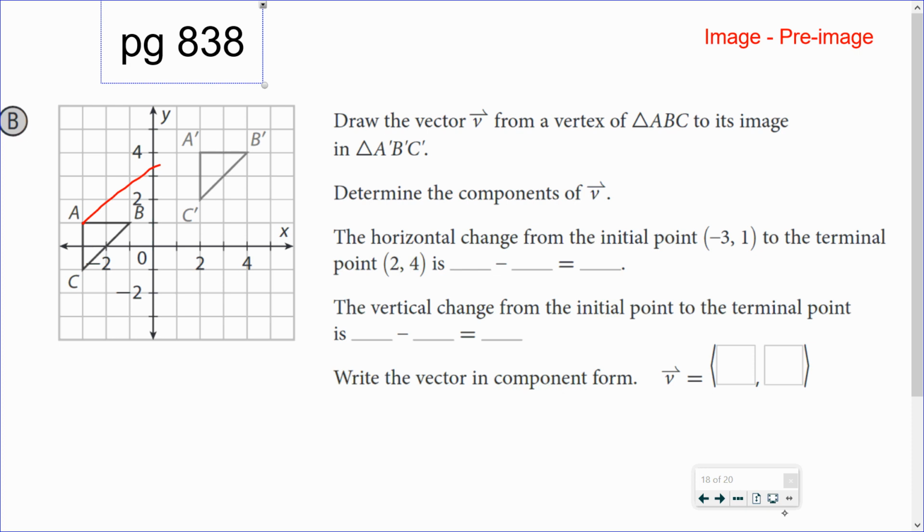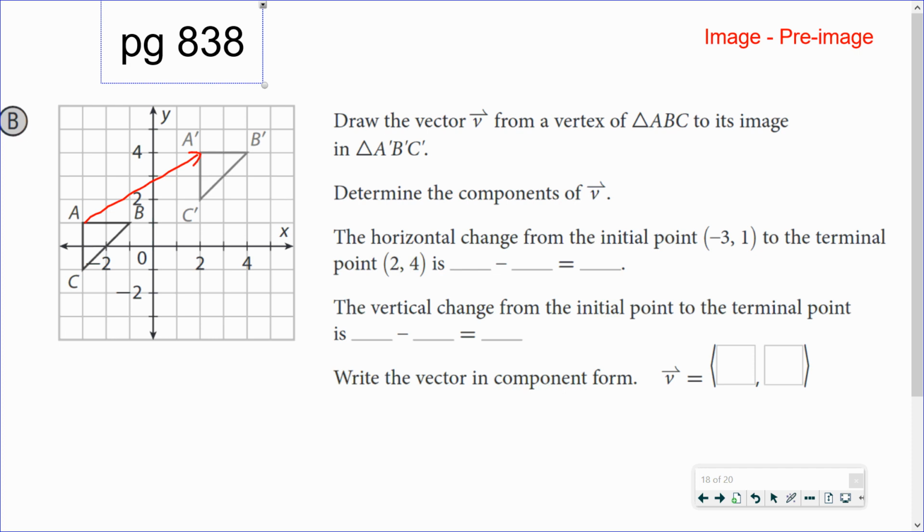Let's see if we can draw that a little bit better. Here. That's horrible too. To there. Put an arrow on it. That's the vector.